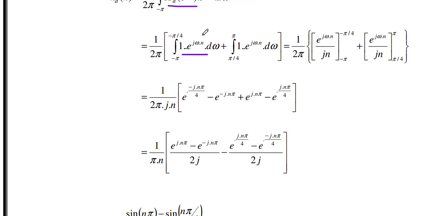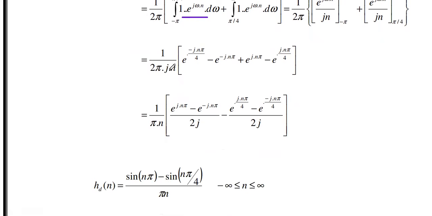Next you integrate this. Integrating e power j omega n, we get e power j omega n by jn, with the limit minus pi to minus pi by 4, plus similarly the same answer with the limit pi by 4 to pi. Then you substitute the upper limit and the lower limit, and take the jn outside.